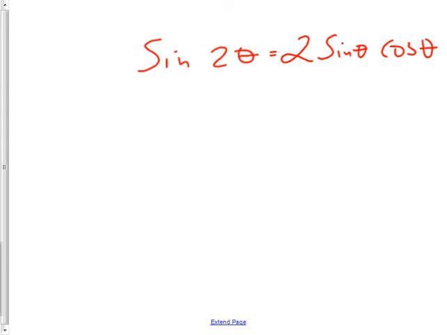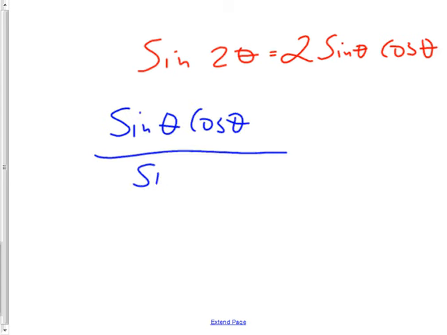So for example, in a problem, let's say I had given you sine theta cosine theta over sine 2 theta. It said simplify. Your first thought should be, whenever I see sine 2 theta, I replace it with 2 sine theta cosine theta.